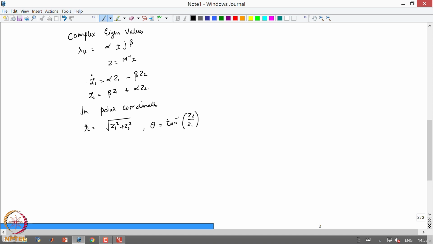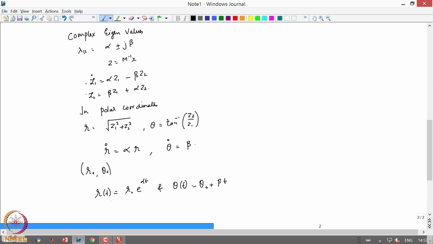Now, if I write these equations in polar coordinates, I will have two decoupled first order differential equations, that is r dot is alpha times r, and theta dot is beta. So, for a given initial state r 0 and theta 0, the solutions are of the form r of t is r 0 e power alpha t and theta of t is theta naught plus beta t.